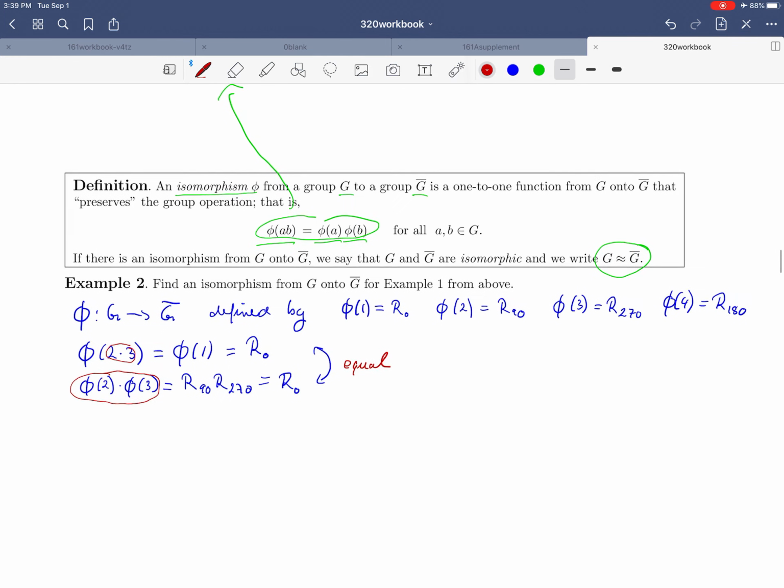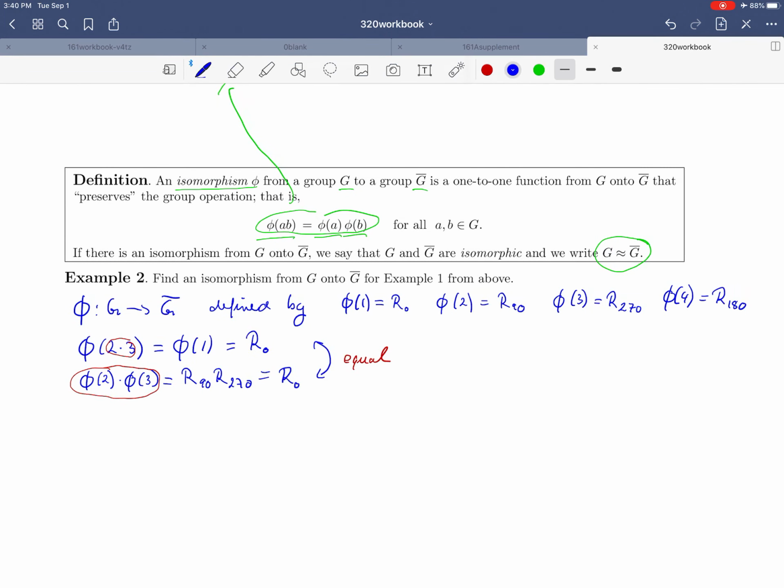Let's look at one more example. What if we look at phi of 3 times 3? If I do the action in G, 3 times 3 mod 5 is 4. And phi of 4, according to my isomorphism, is R180. If I do the group action in G bar, I first look at phi of 3 times phi of 3.